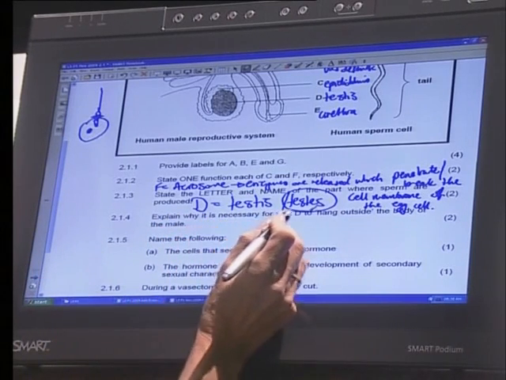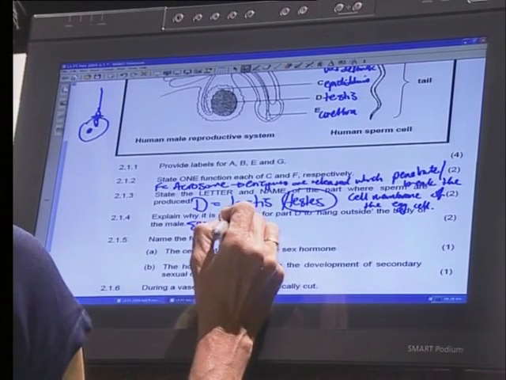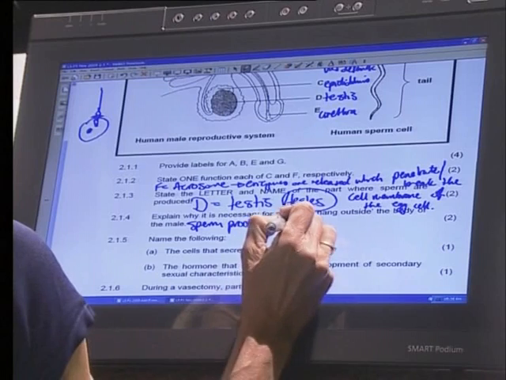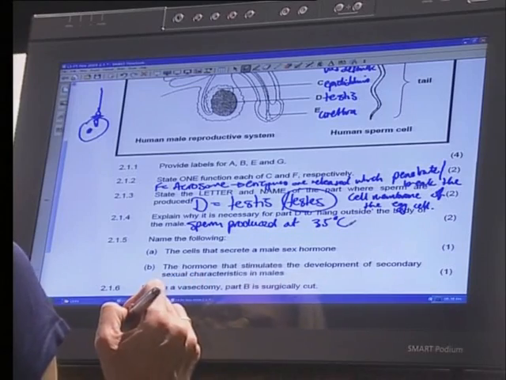Explain why it is necessary for part D to hang outside of the body of the male. Because sperm is produced at 35 degrees Celsius. And what is our body temperature? 37 degrees. So your normal body temperature is about 37 degrees, or 37.2, 36.8, but it's about 37 degrees.